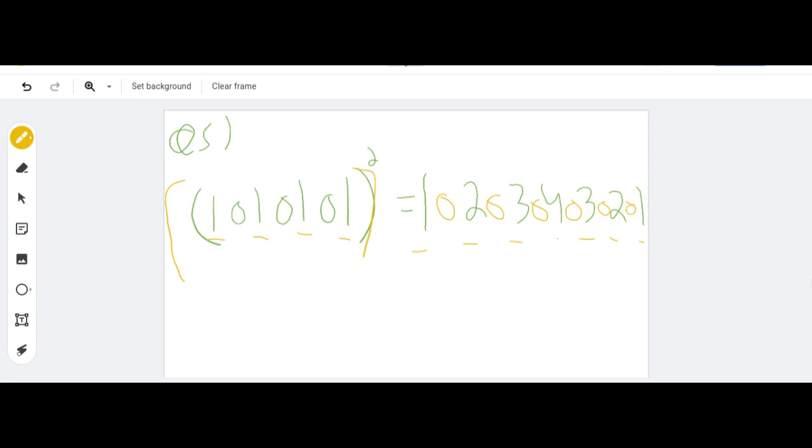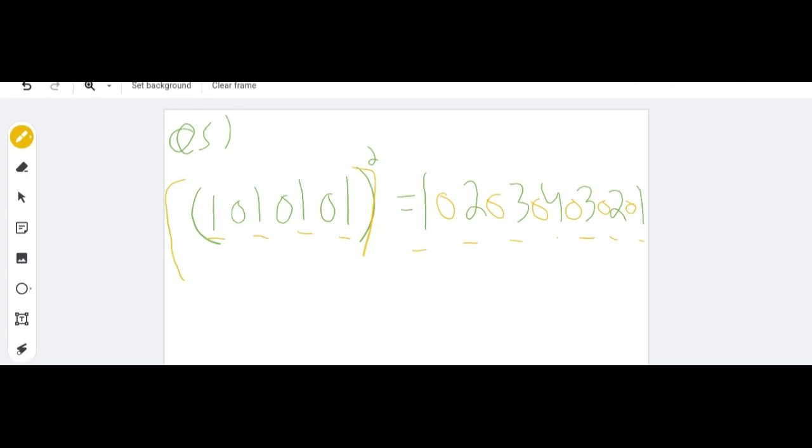You will get exactly the same answer: 1, 0, 2, 0, 3, 0, 4, 0, 3, 0, 2, 0 and then 1. Are you doing it? Okay, complete it and give me the answer. After multiplying these two numbers, we are getting exactly the same answer.